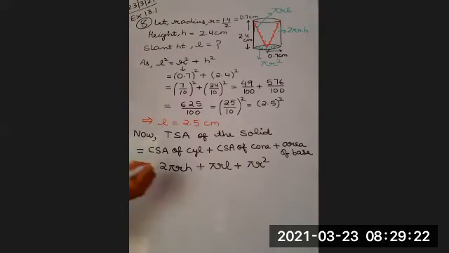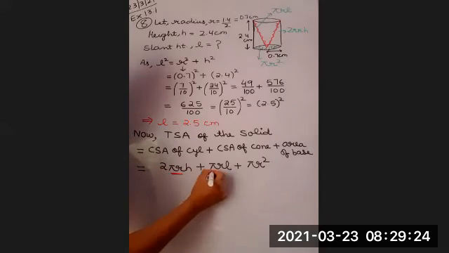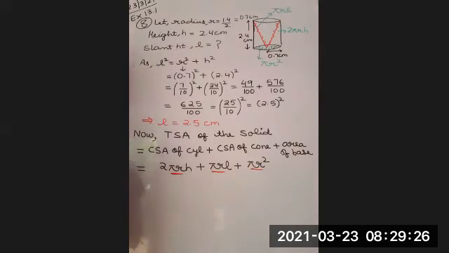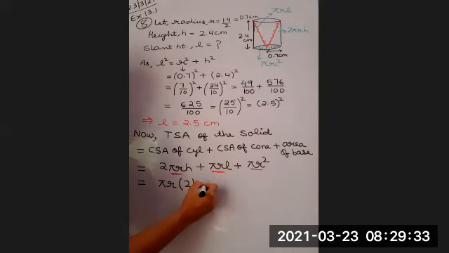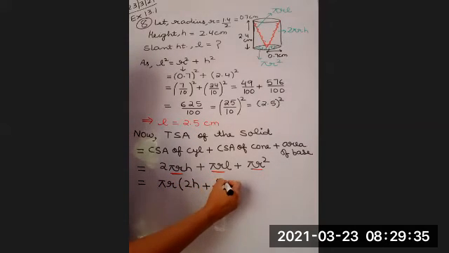So what can be taken common throughout? Pi r. So this is pi r, and in the bracket we have 2h plus l plus r.